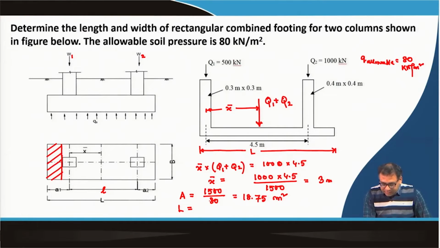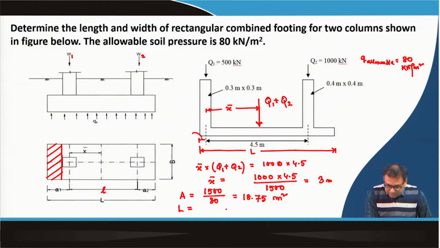3 meter is that distance plus 0.3 meter. Or you can say that this is the edge and this distance is 3 meter. This dimension of the column is 0.3 cross 0.3 meter, and from the center we have taken the moment.